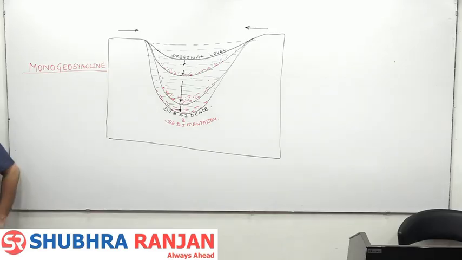Why mono? Because here there are not two continents, not two lands, there is only one continent, and this is located along the continent and its borders.